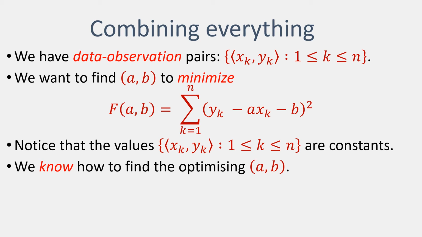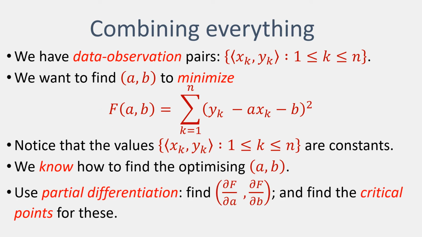Now, we know how to solve that problem. We know how to find the choice of gradient and the choice of offset that will minimize this expression, because that's something we saw earlier in the module. This is in effect a partial differentiation problem.